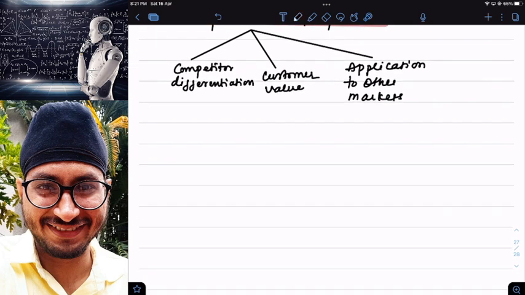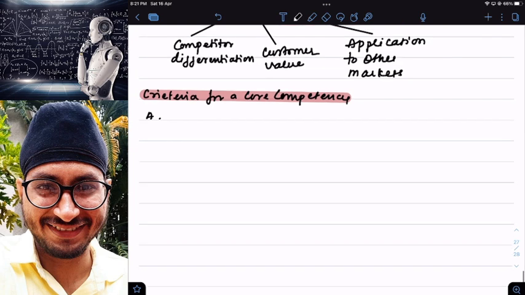Criteria for a core competency. How do I know whether it is a core competency or not? Number one, it should provide access to a wide variety of markets.